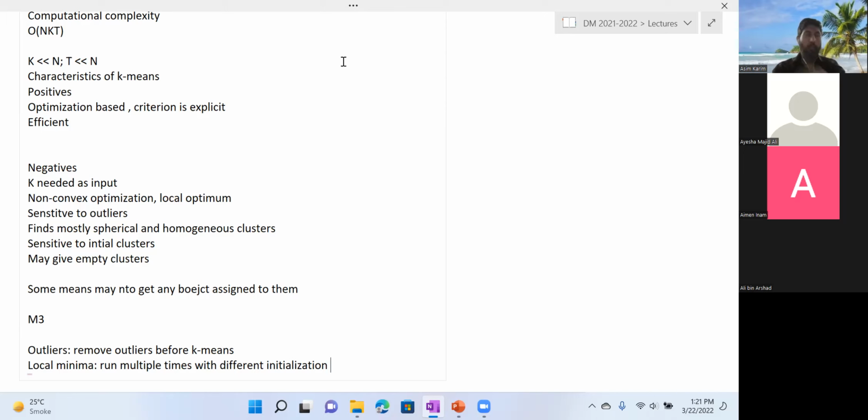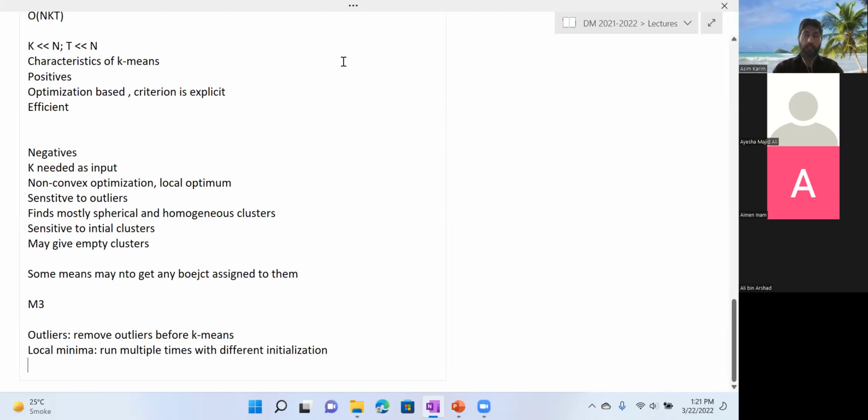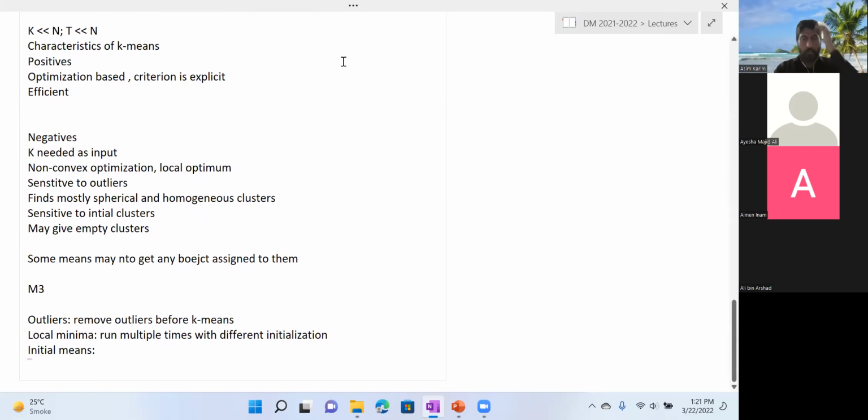Okay. So what else? Then there's the issue of initial means. For this, there are actually a number of techniques available. Usually we choose k means randomly, but random may not give us good results.